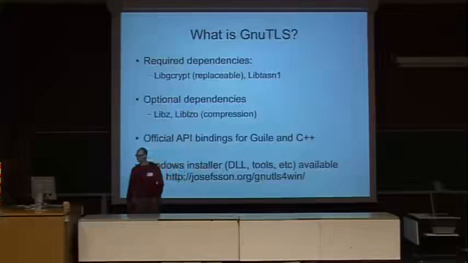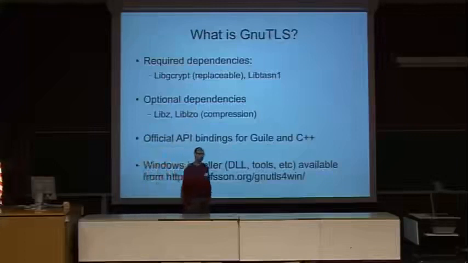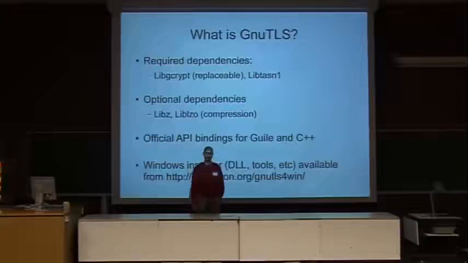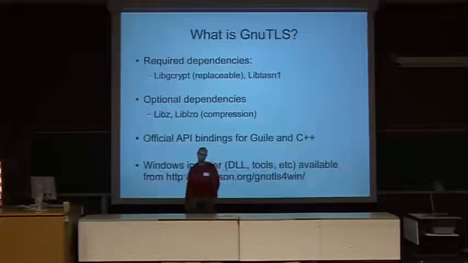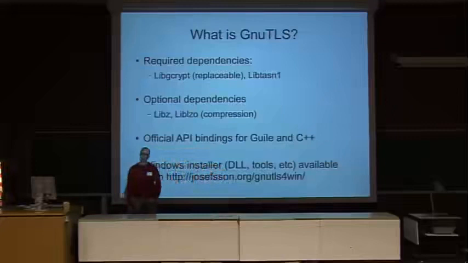We're using libtasn1 for ASN1 parsing. It's a very small library written for GNU2LS. I believe it's below 10,000 lines of code, which is fairly small for an ASN1 library. And that's required for the X509 parsing. It's not used for any TLS protocol parsing.